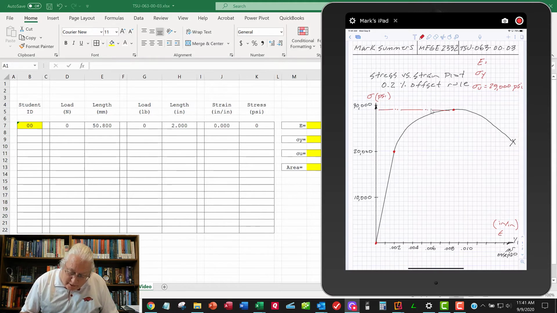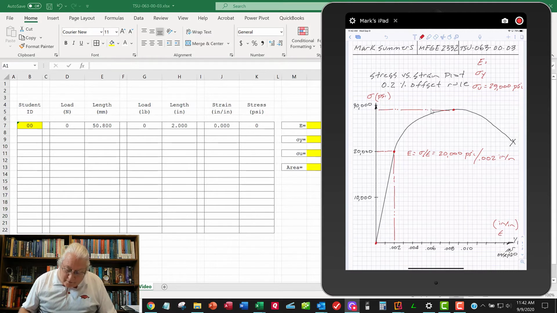And so I can just say Young's modulus equals stress over strain. And the rise is 20,000 psi. And the run is 0.002 inches per inch here. Let's go straight down here and go over to here.